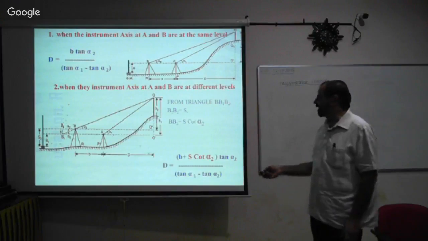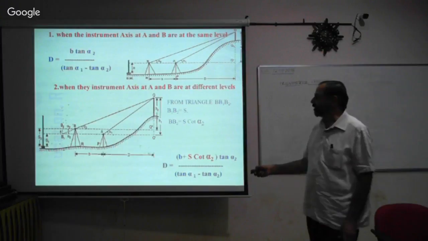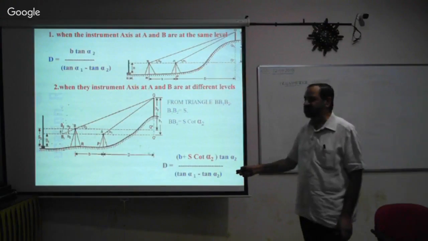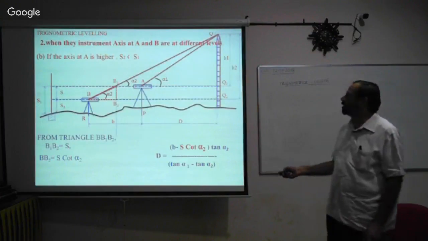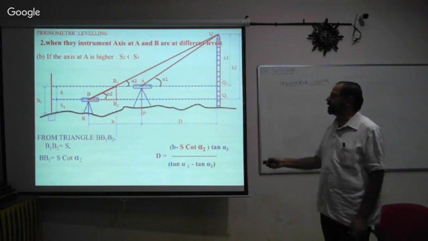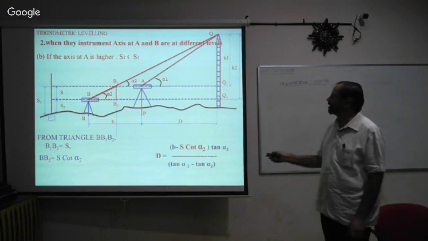Similarly, in some situations it reverses. In the first situation the instrument axis is at the lower level and in the second situation it is at the higher level. In another situation, the instrument axis of the farthest instrument station is lower and the nearest instrument axis is higher.